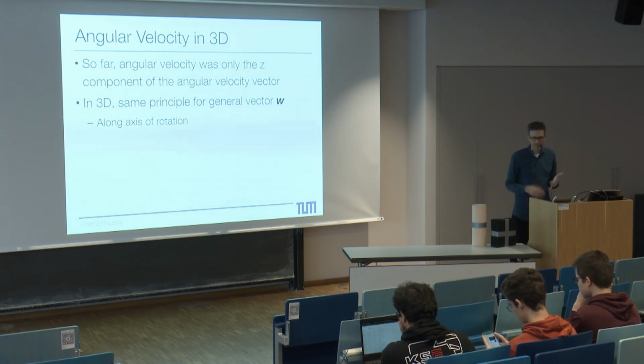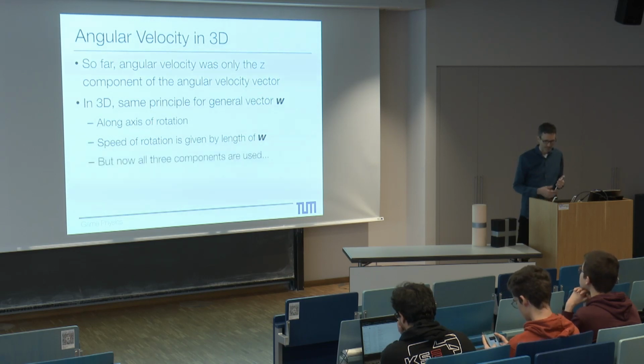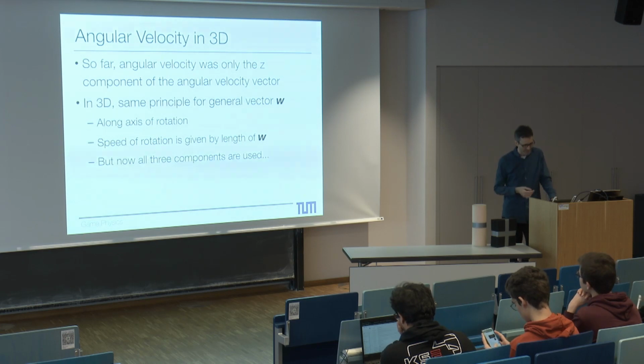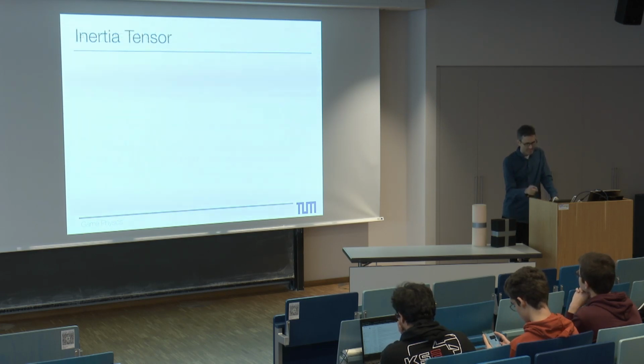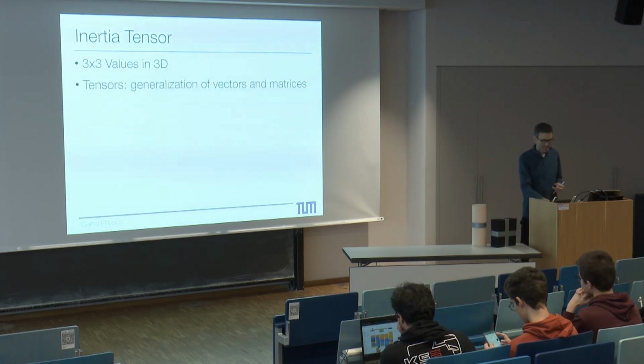And now in 3D, we just have three values for both. The length of that vector still tells us how quickly something is rotating, just like before, just that the first two now can have an entry. The inertia tensor also came up today. Now it's really a rank 2 tensor, a matrix.